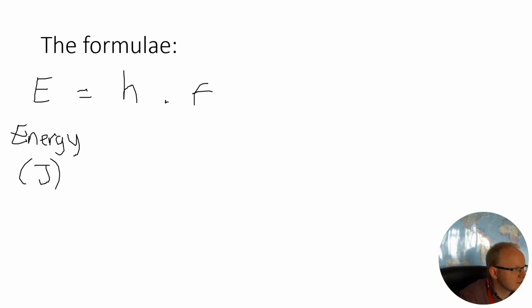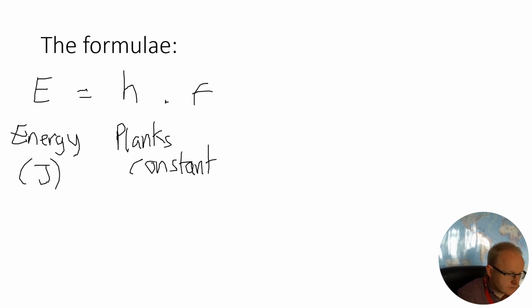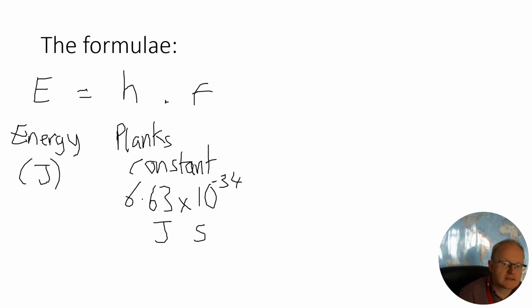It's called Planck's constant. And that is 6.63 times 10 to the minus 34. And the units for Planck's constant are joules times seconds.